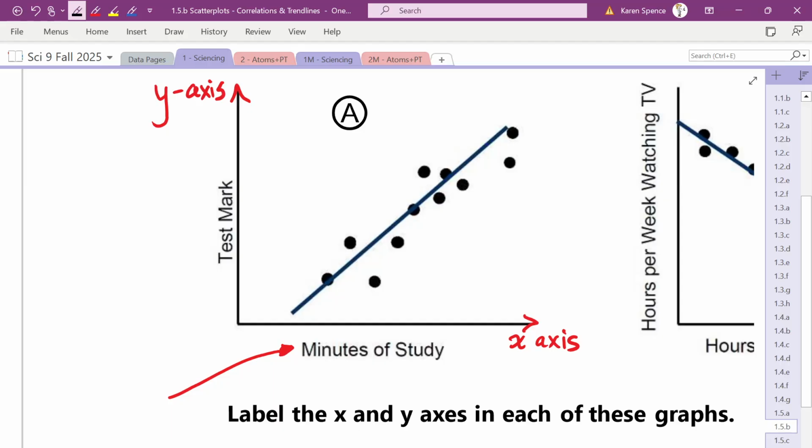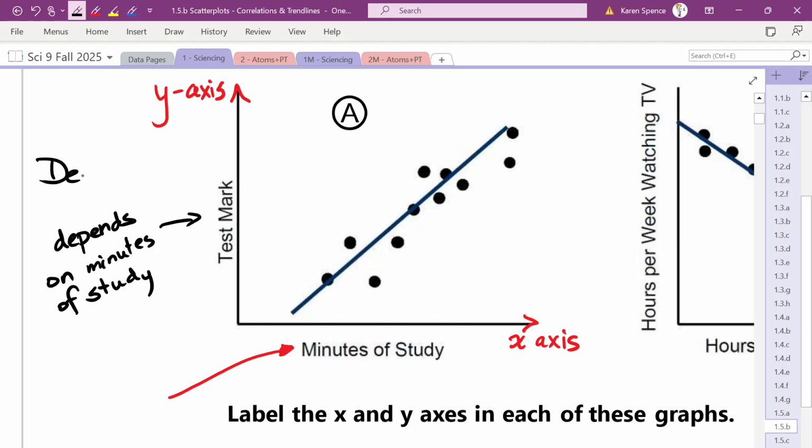Your test mark depends on the minutes of study. That means that our test mark is the dependent variable.